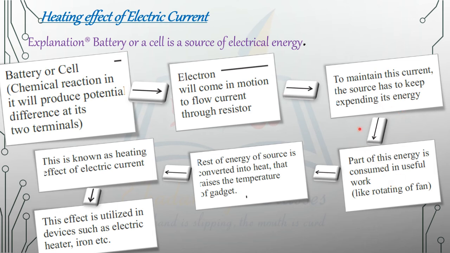Electrons are flowing in the wire, and part of the energy goes into useful work, like putting a bulb in series or rotating a fan. The rest of the source's energy is converted into heat that raises the temperature. This is also known as the heating effect of electric current.